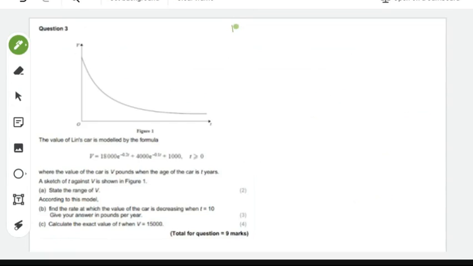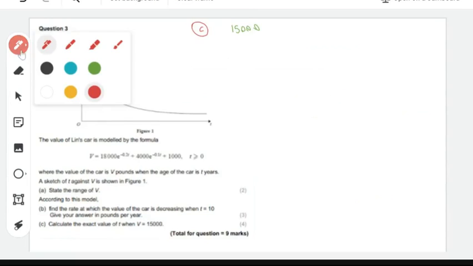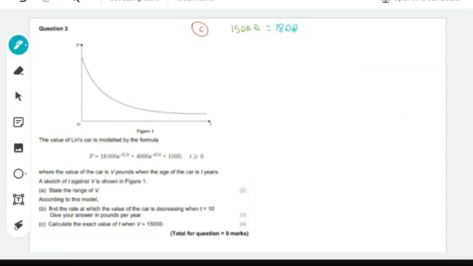So we have 15,000, and just make that clear that it's part C. 15,000 equals 18,000 e to the minus 0.2t plus 4,000 e to the minus 0.1t plus 1,000.